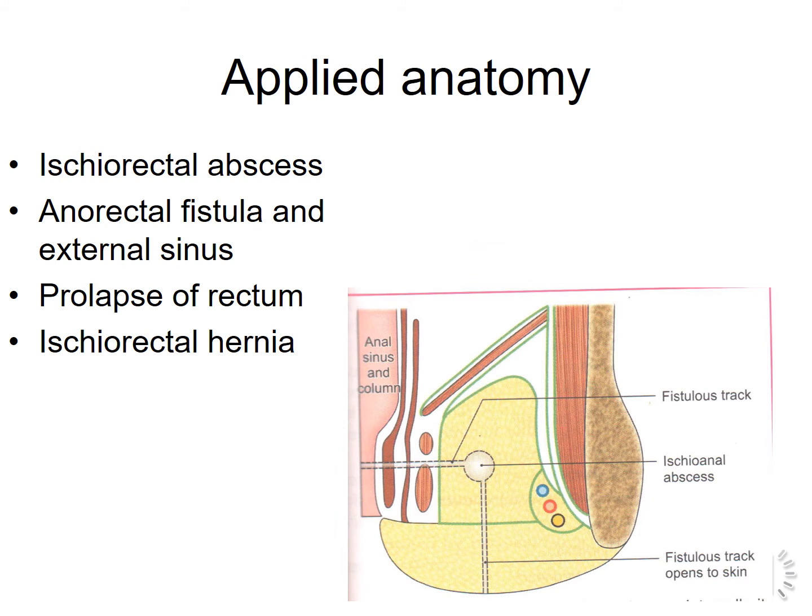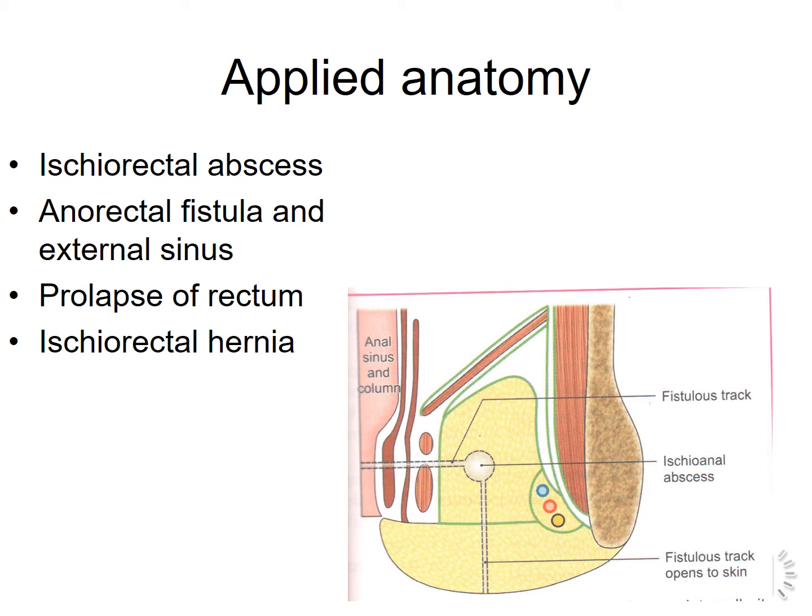So coming to the applied aspect of the ischioanal fossa, why we are studying the ischioanal fossa, as I have discussed earlier, the ischioanal fossa is a fat-filled space, and it allows the distension of rectum and anal canal during passage of feces or the defecation, and it is a common site of abscess.